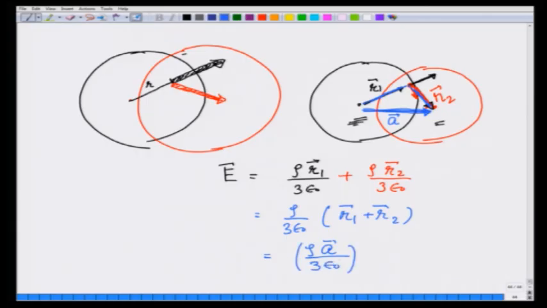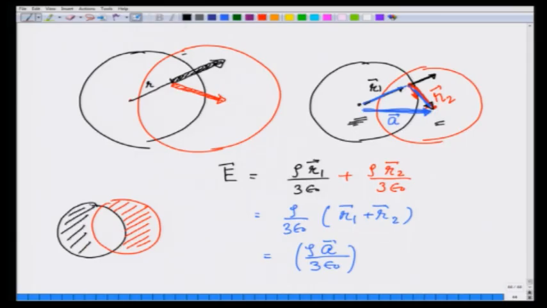So, I can write this as rho vector A over 3 epsilon 0. This is a very interesting result, because now you look at the contribution of the two fields. If I take this negative charge here and the positive charge here, in this hollow region, the field is the same everywhere. It's pointing from the negative to the positive side.